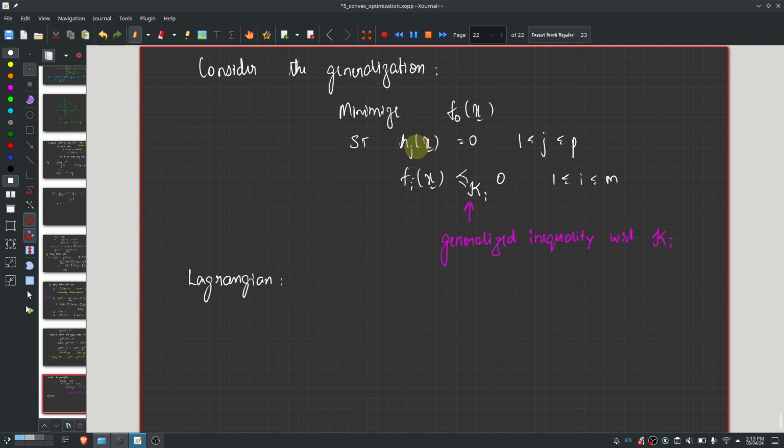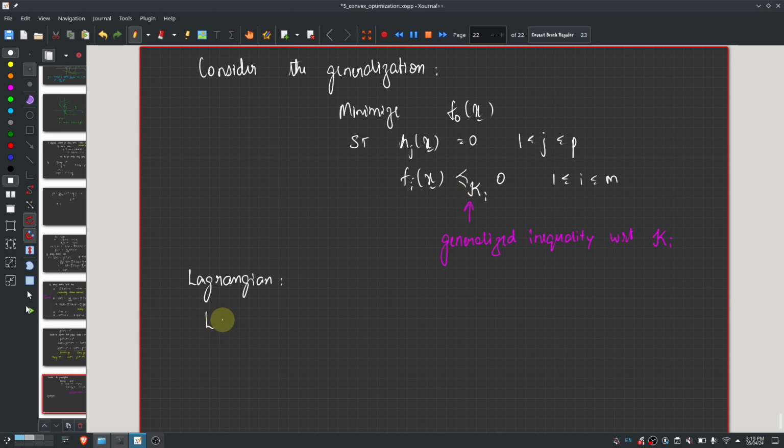So the Lagrangian will have one variable for each equality constraint, and it will have m inequality multipliers. In some sense it will have m, but each of those will have to be a vector.